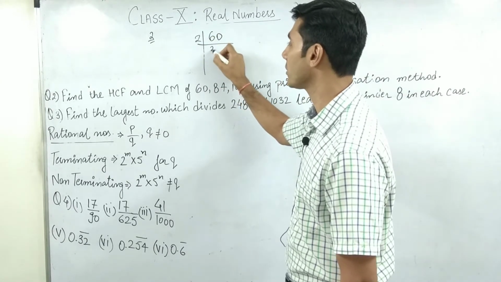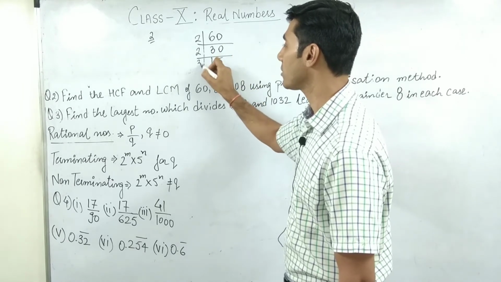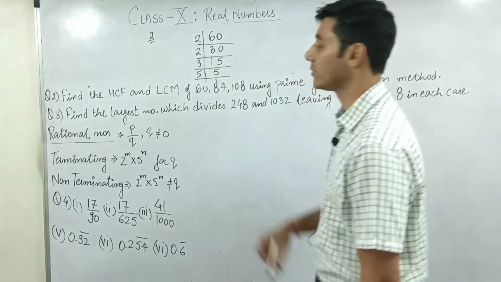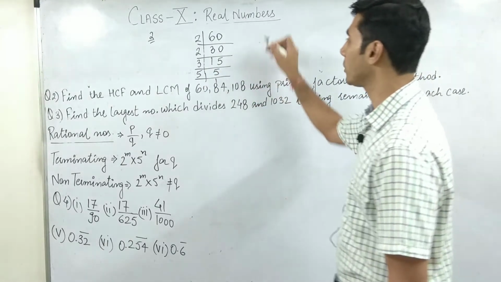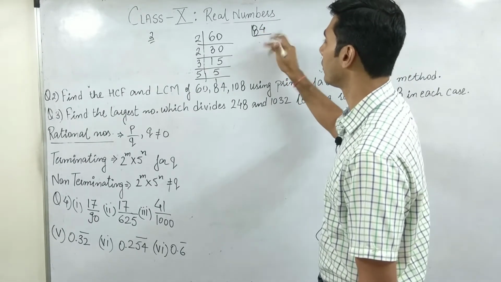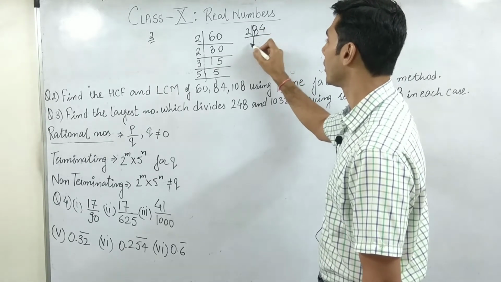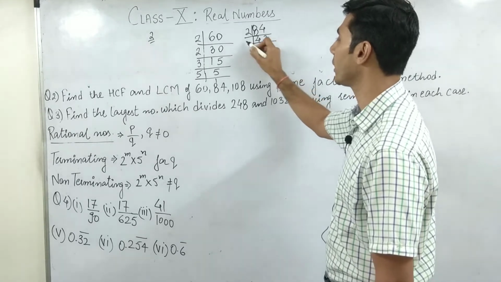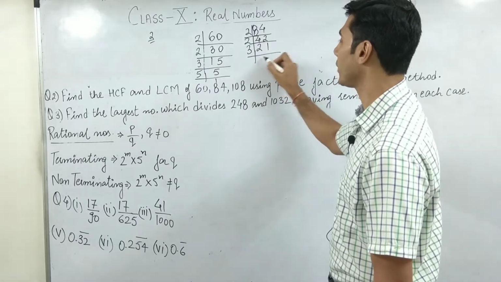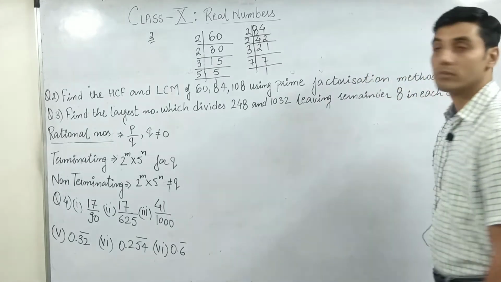So 60 is 2 times 30, then 2 times 15, then 3 times 5, and then 5 times 1, right? Then let's do 84. 2 times 42, then 2 times 21, then 3 times 7, and then 7 times 1, right?